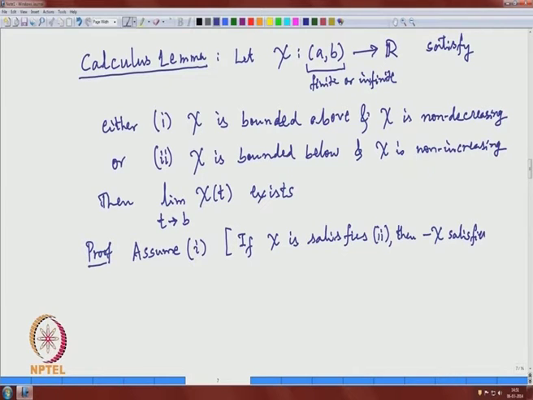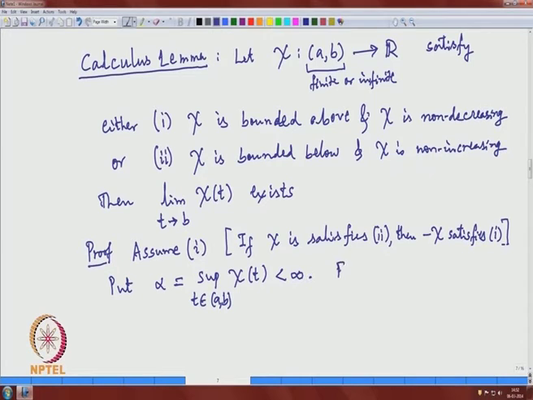So, if the limit of chi(t) exists, then the limit of minus chi(t) also exists. So, it is sufficient to prove the lemma in one case. Since chi is bounded above, put alpha equal to the supremum of chi(t), t belongs to (a, b), and since we are assuming chi is bounded above, this is finite. Okay.